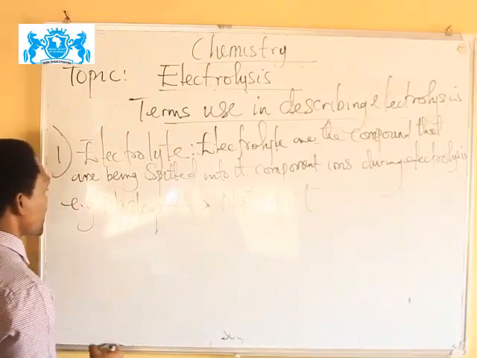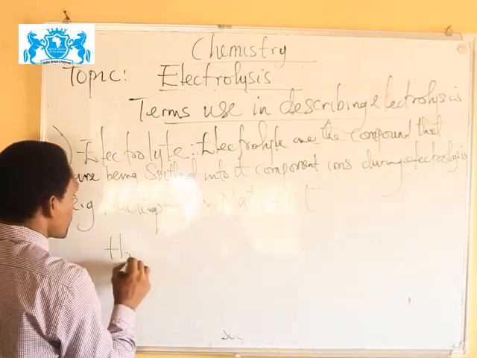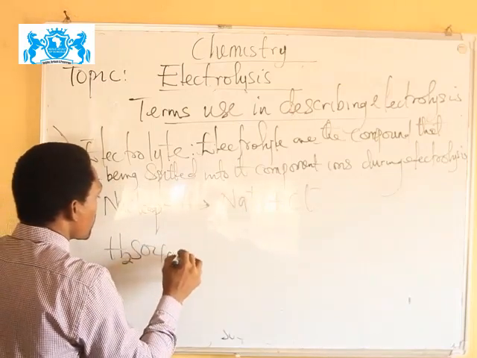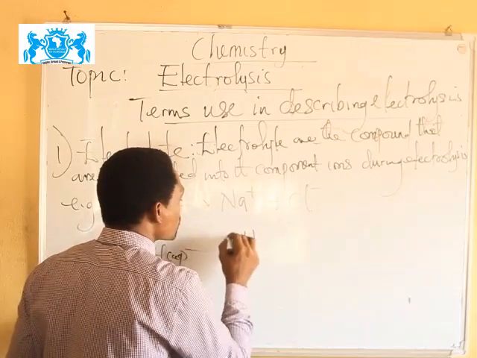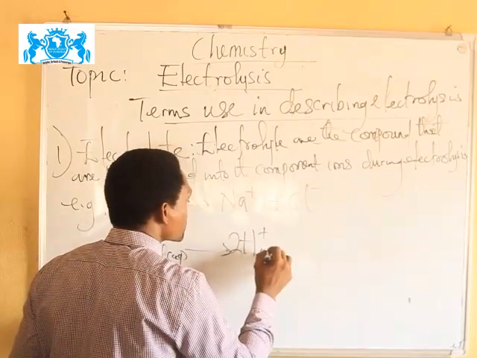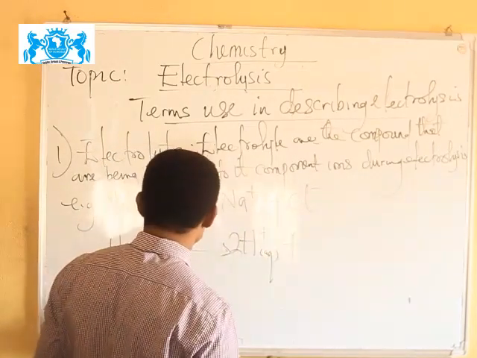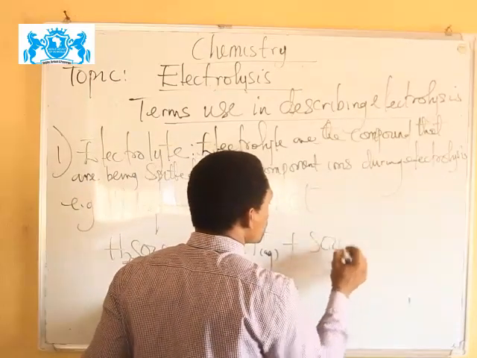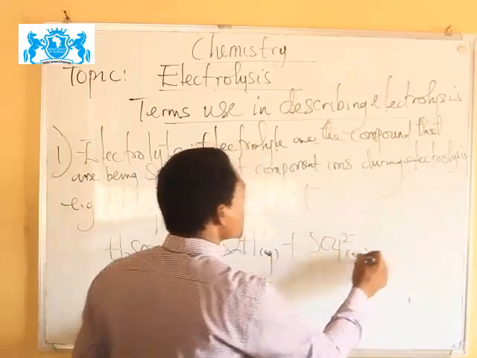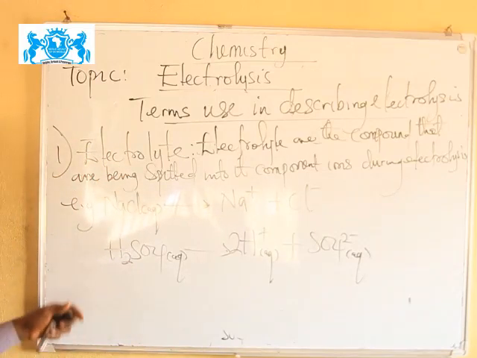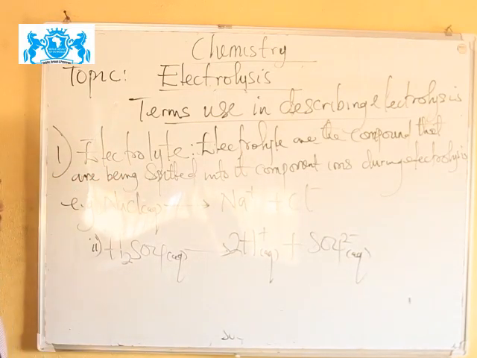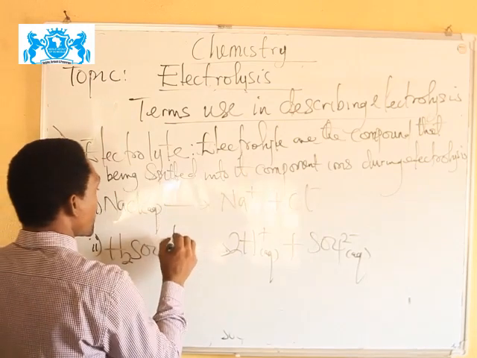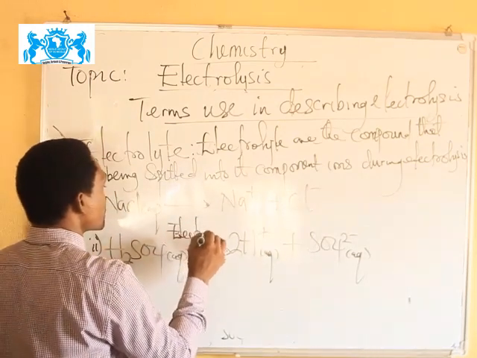You can have something like H2SO4. H2SO4 is split into 2 moles of hydrogen ions and SO4 2- ions. So these are 2 different compounds that were subjected to electrolysis.